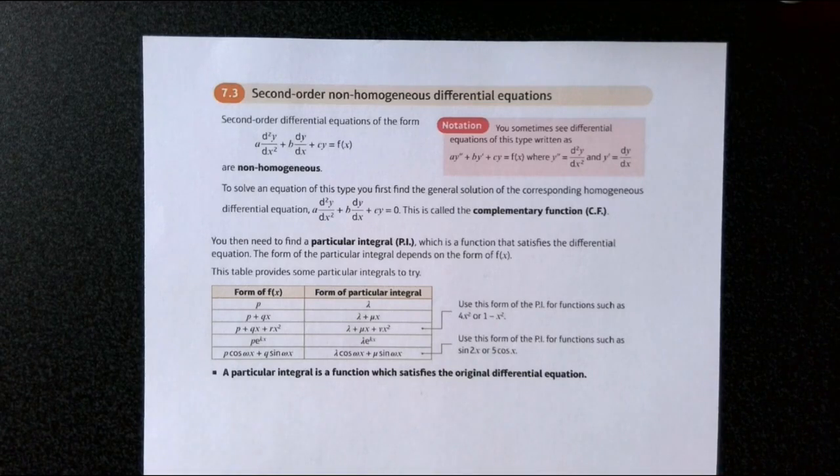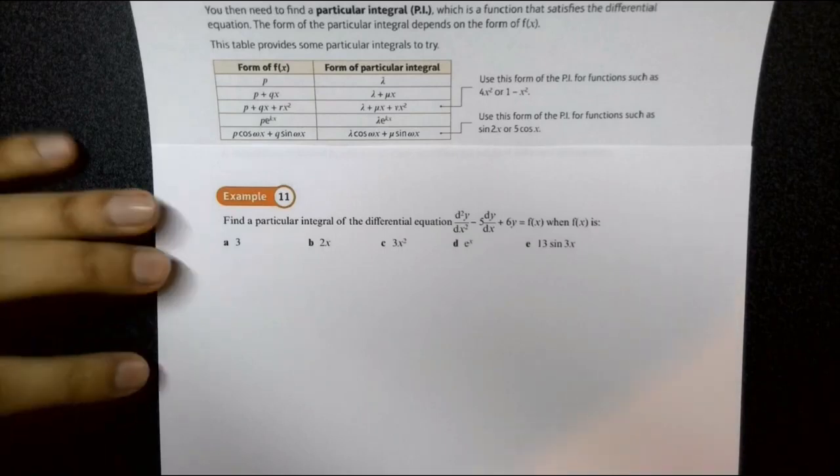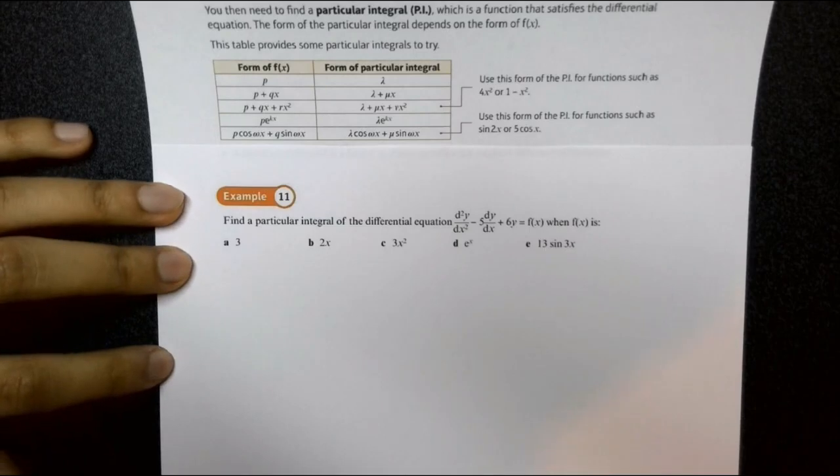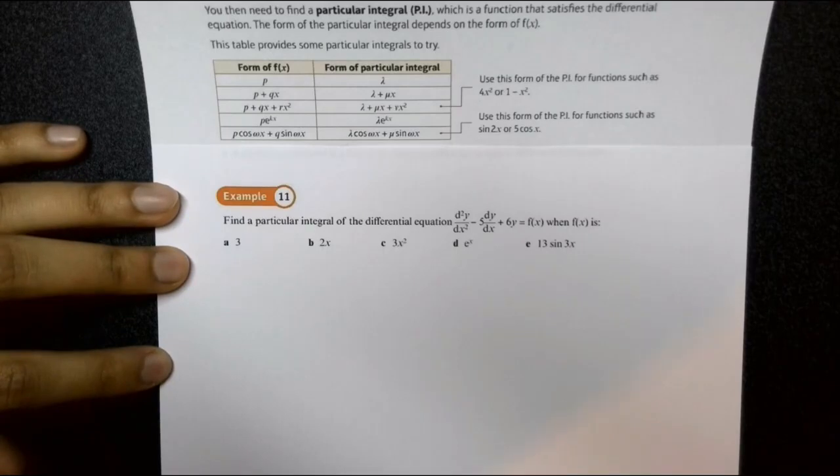So let's take a look at a couple of examples to help illustrate all this. Now, for example number 11, we have to find a particular integral of the differential equation d squared y over dx squared minus 5 dy over dx plus 6y equals f of x.